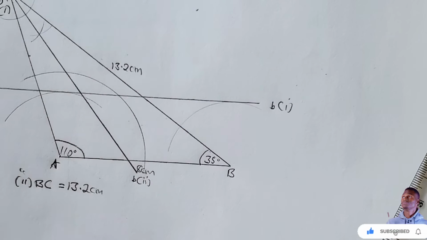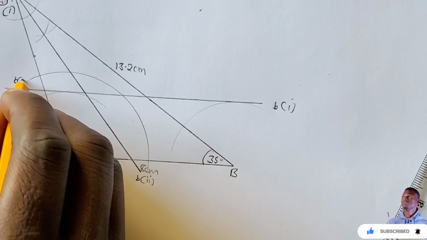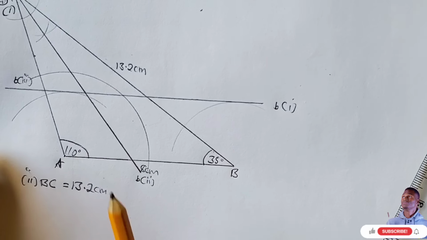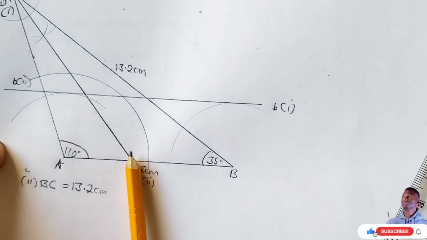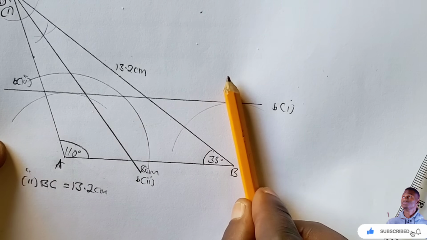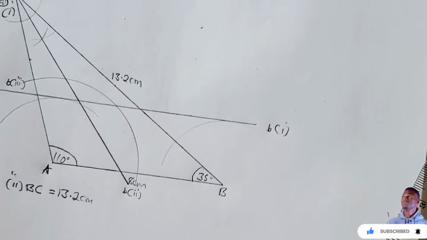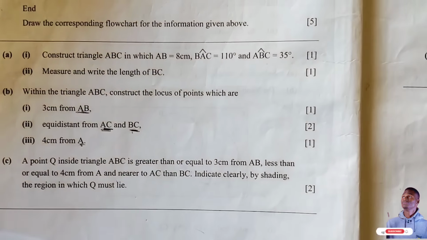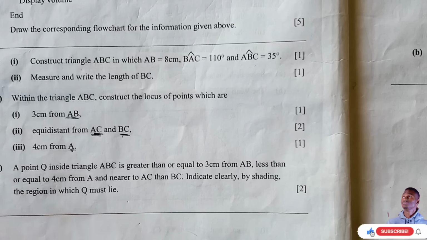So this is what it looks like after drawing. Then indicate that this is B3. Meaning, this line is 4 centimeters from A. Above this line, it is greater than 4 centimeters. Construction is very simple.